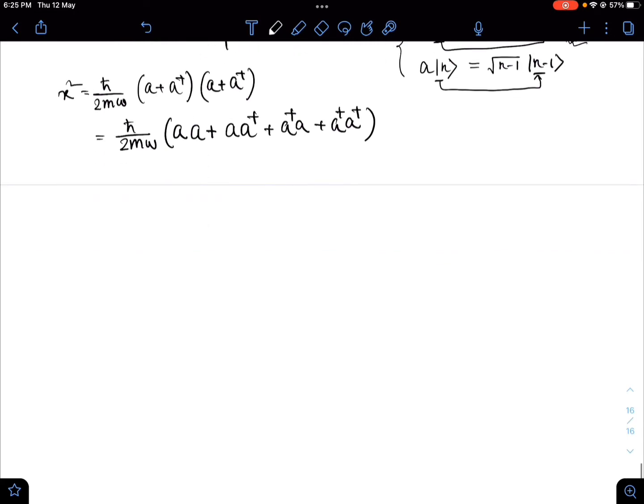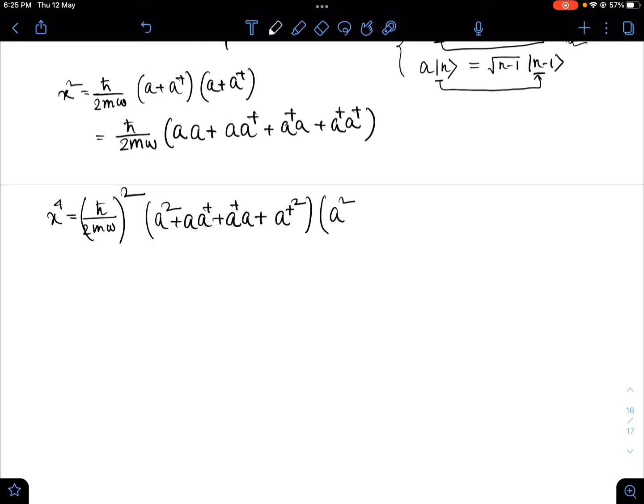Similarly, x to the power 4 can be written as h cut by 2m omega, its square, and we will have these terms. So we can write this as a square, and this will be a dagger. Third term will be a dagger a, and the fourth term will be a dagger square, and we will have another one of this kind.